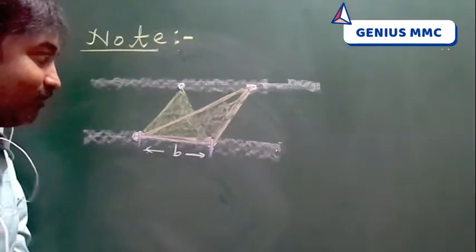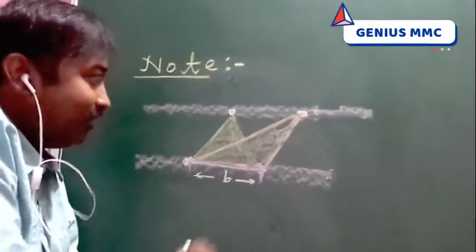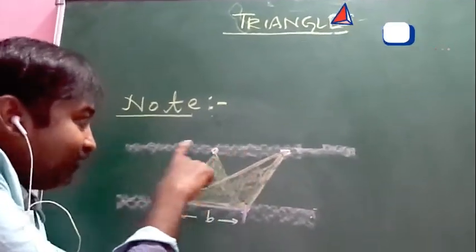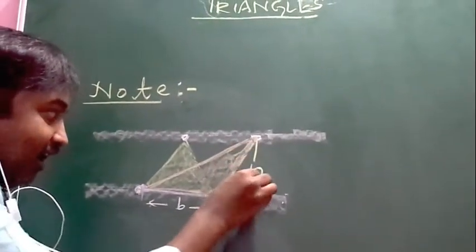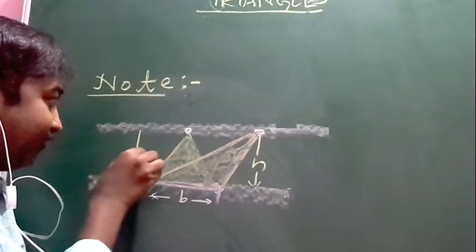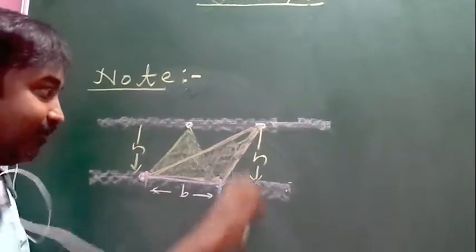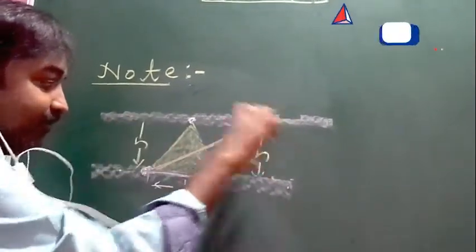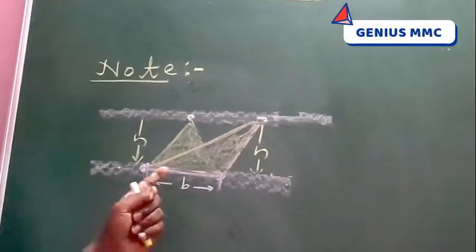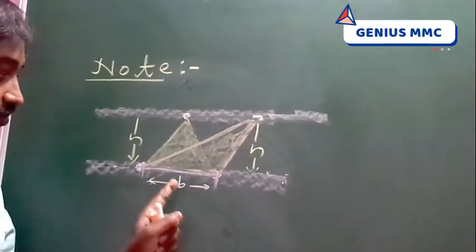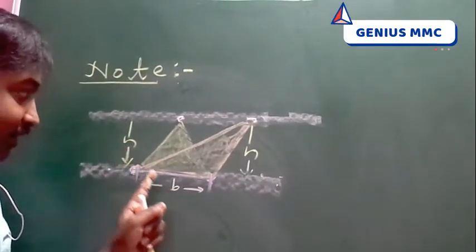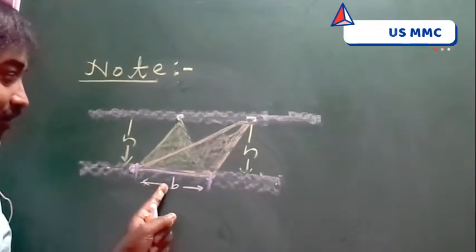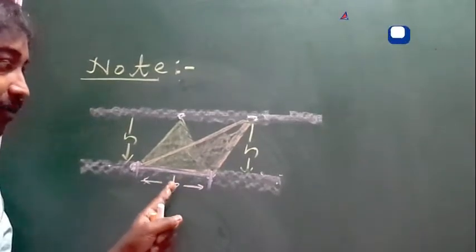And also another thing is common: both are standing between the same parallel lines, and height is also common. See, here the two triangles are standing on the same base between the same parallels. So base and height are common. Both are the same.